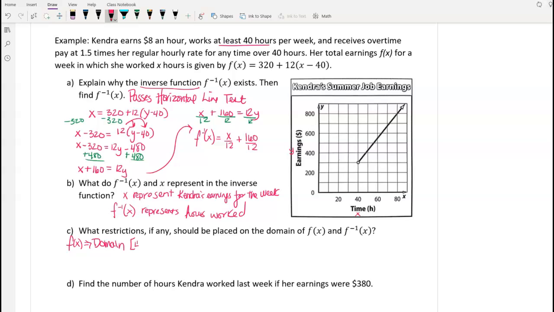So we have 40. Now, is there a maximum number of hours that she can actually work? If you said yes, then you would absolutely be right. 168 is the absolute highest number of hours she can work because that is how many hours are in a week.